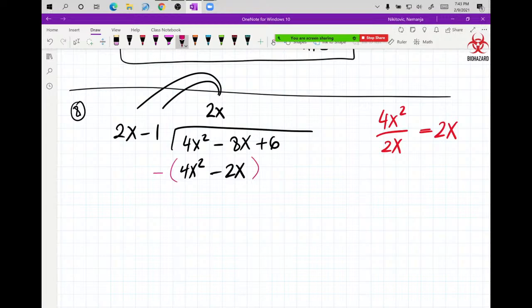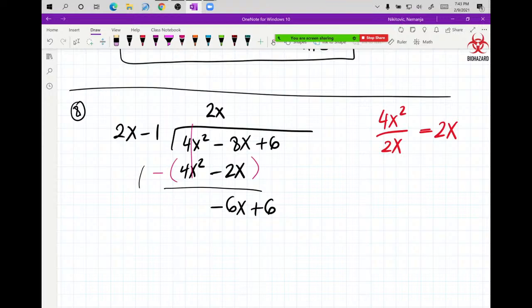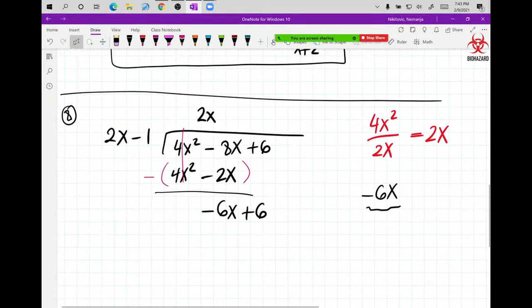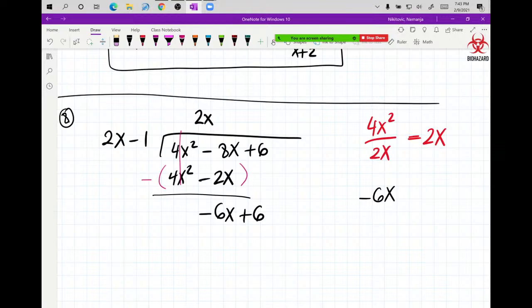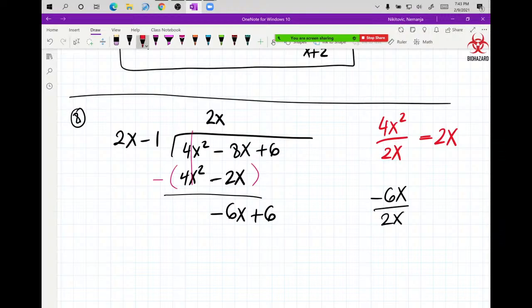Subtract them. These guys will cancel. Negative 8x plus 2x is negative 6x. And you drop down plus 6. This is negative x, this negative and this negative make a positive. So you have negative 8x plus 2x is negative 6x. So now on the side, you have negative 6x divided by 2x, because now this is like restarting a new problem.